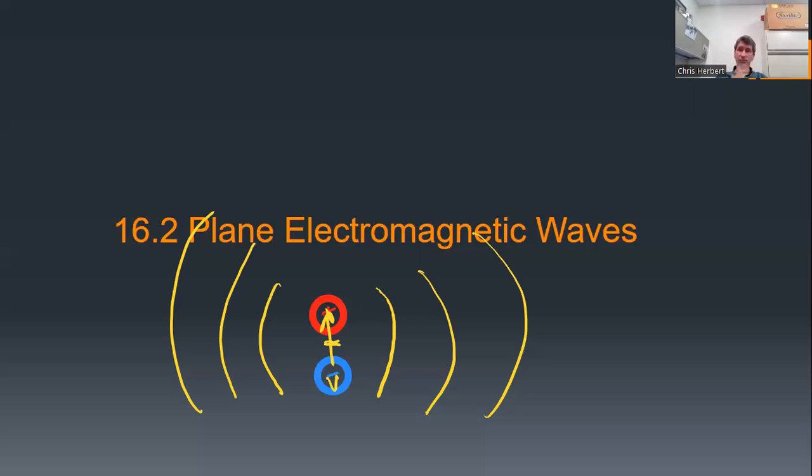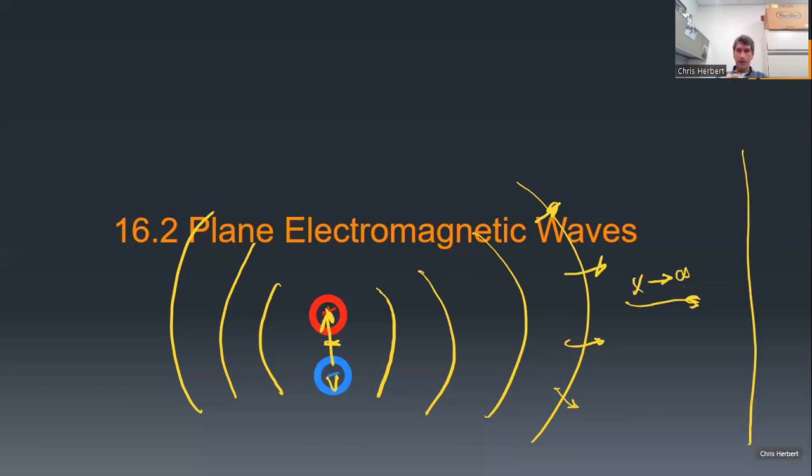In any case, it's going to create these curved wave fronts, these electromagnetic waves with a curve, and the curve flattens out. If we go far enough, as we go to the limit where the distance approaches infinity, then we get a flat wave. And this is what we call a plane wave.